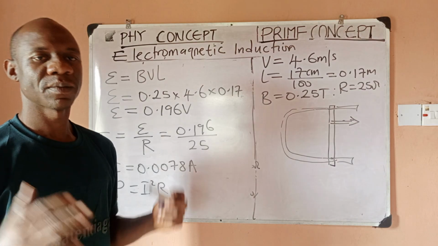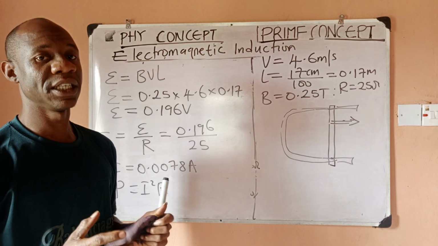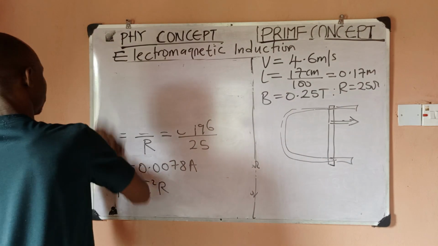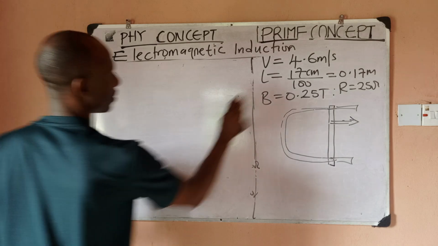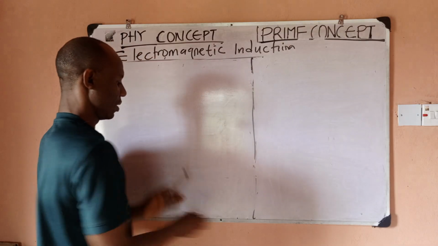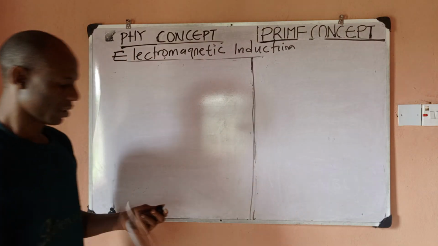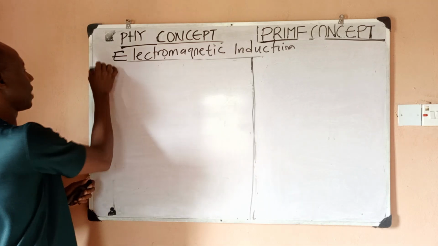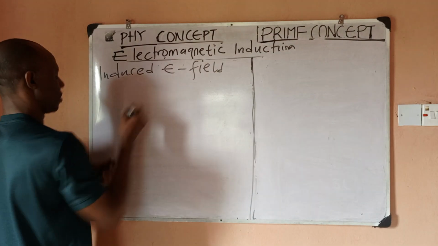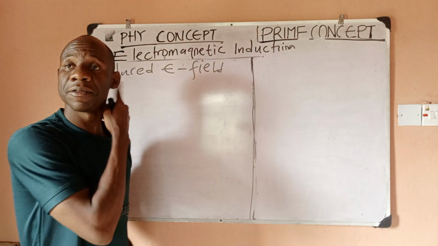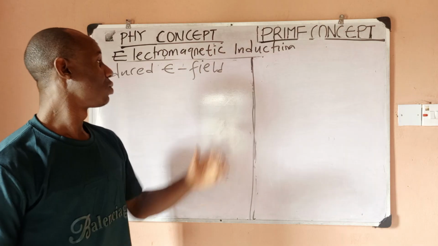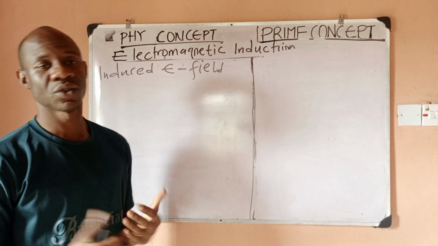And then finally, we want to mention the concept of induced electric field. Now, we already established earlier in our studies of electrostatics that whenever you have charges, of course current in a conductor, when the charges are moving, it would give rise to an electric field.